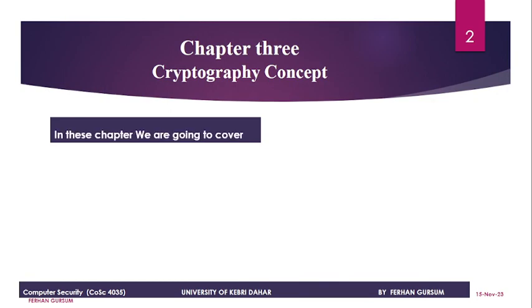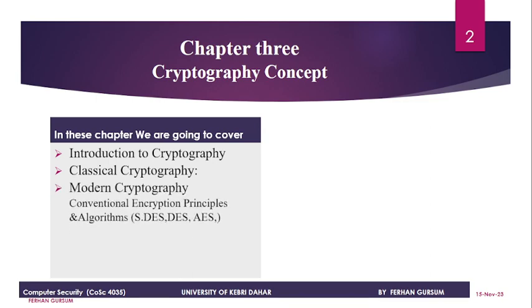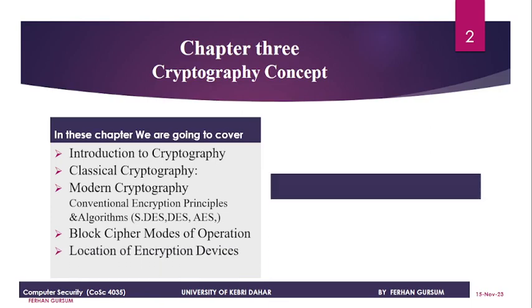Under this chapter, we are going to cover an introduction to cryptography, the meaning and definition of cryptography, as well as classical cryptography and modern cryptography, conventional encryption principles and algorithms, as well as ciphers like block cipher, model of operation, and location of encryption devices.